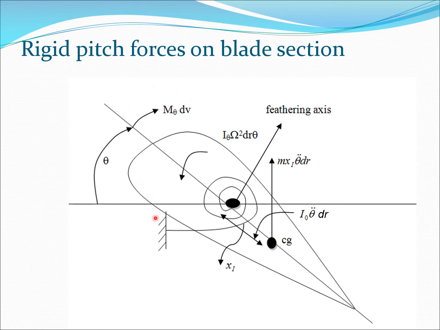These are some of the key forces which act, and of course there is the spring also, which is a restraining spring, so that will have a k theta into theta component. And like I mentioned before, xi is the distance from the feathering axis to the CG axis.